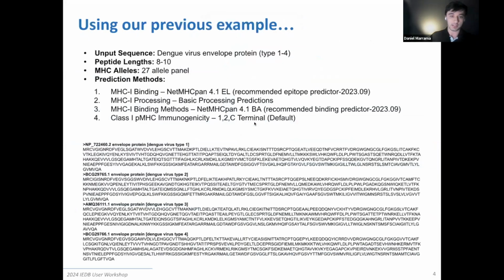And I'll be using this example of these dengue virus envelope proteins. So we have 4 of them. These are the full sequences for the proteins. And for the MHC1 predictions, we'll be selecting between 8 and 10 peptide lengths. And we'll be using the 27 allele panel and these various prediction methods that Jay touched on.